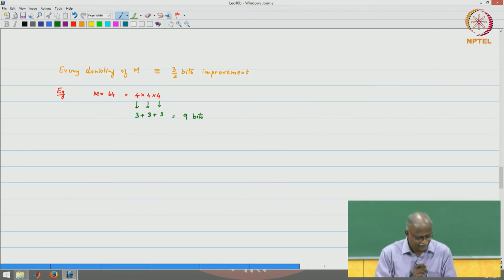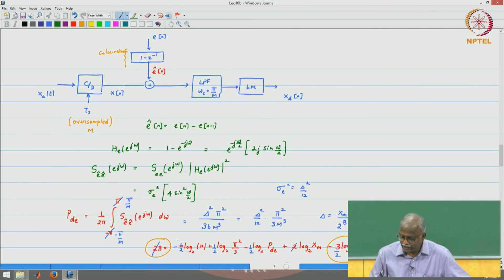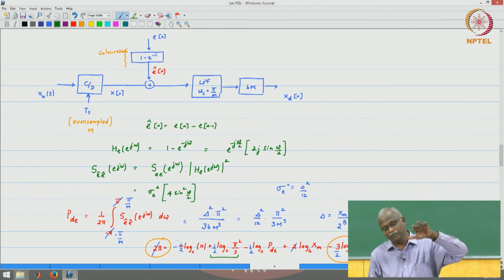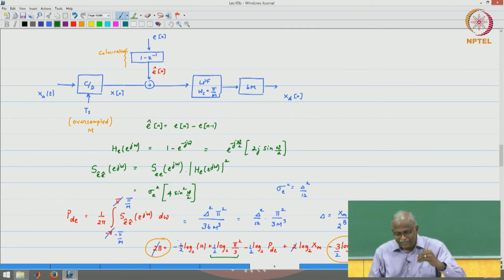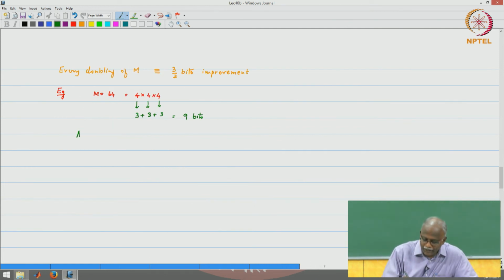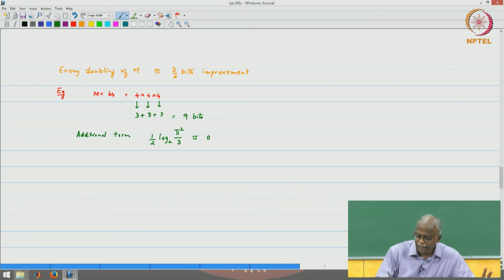That is what you would get, except that if you go back and look at the equation a little bit more carefully, there is a term that was not there before, and that term is not reducing the number of bits needed, it is actually increasing the number of bits needed. So go back and look at that 1/2 log base 2 pi squared by 3, that additional term, do not overlook that. It comes out to approximately 0.86.